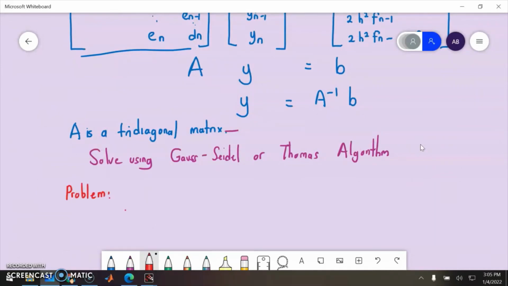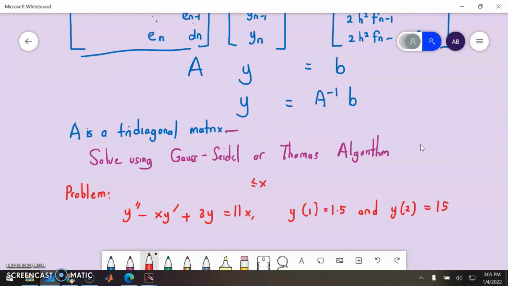The problem is y double prime minus xy prime plus 3y equals 11x, and the boundary conditions are given as y1 equals 1.5 and y2 equals 15. So x is from 1 to 2. You can see it from here, x from 1 to 2.